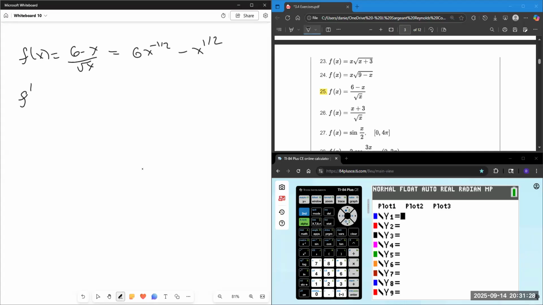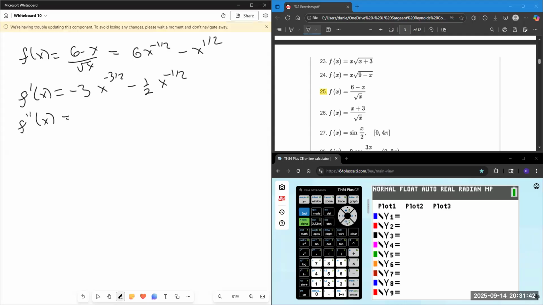So f prime of x is negative 3x to the negative 3/2 minus 1/2 x to the negative 1/2. And f double prime of x is equal to 9/2 x to the negative 5/2 plus 1/4 x to the negative 3/2.